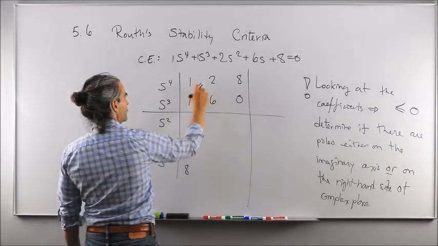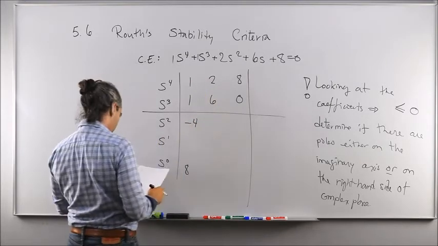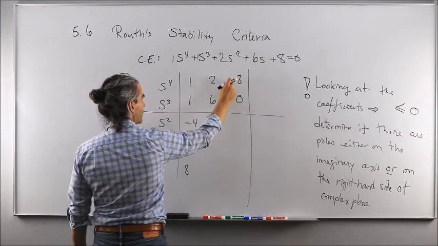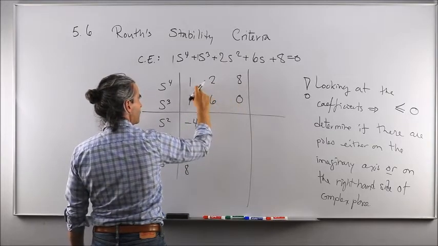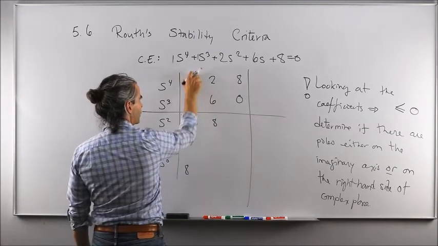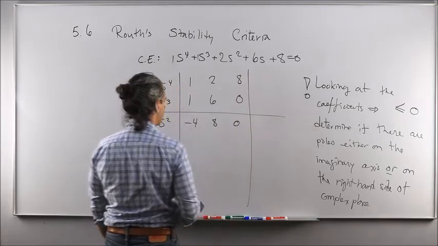This one, 2 minus 6 over 1, that's minus 4. And that one is going to be 8 minus 0 over 1, 8. That one would rely on those two, which are both 0, so I'm getting 0 here.